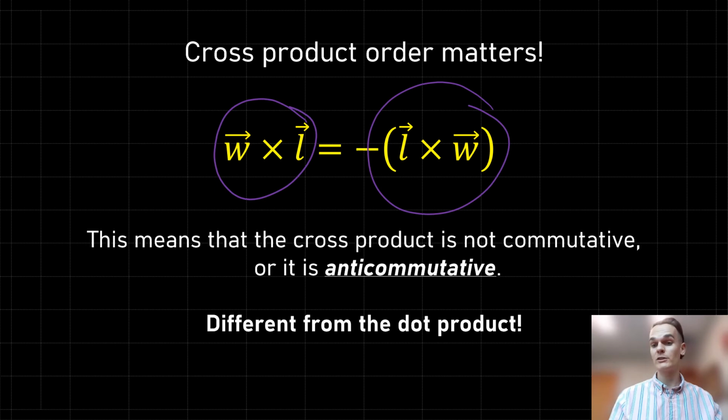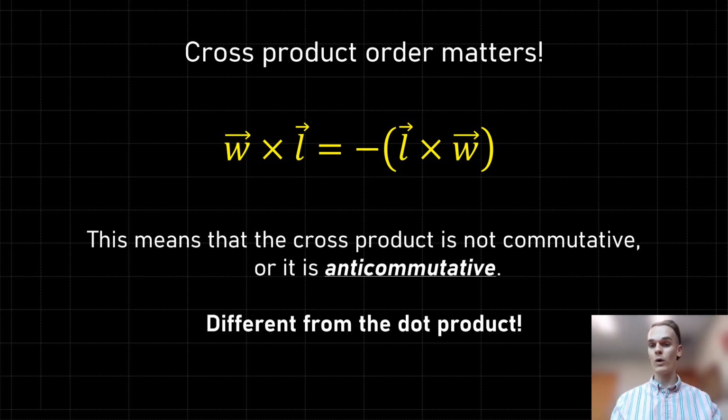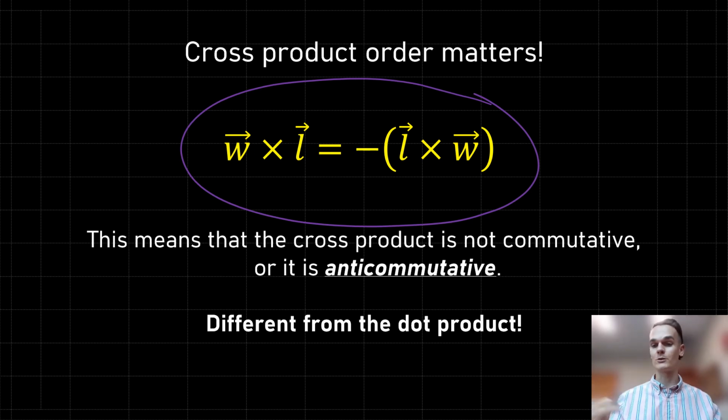Remember that we saw the magnitude of the cross product did not change, but the direction did. Whenever you multiply a vector by a -1, it flips its direction. And that's what this equation demonstrates here. Whenever you change the order of the cross product, the magnitude stays the same, but the direction changes.